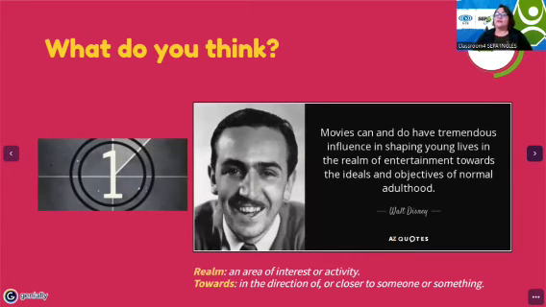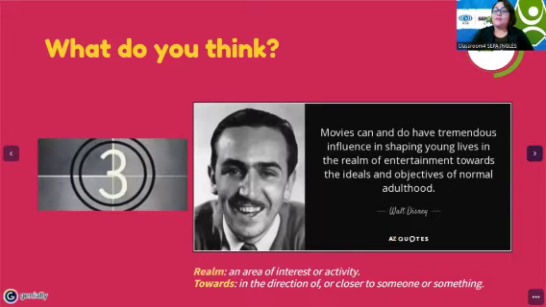Walt Disney. Oh, let's see again. Movies can and do have tremendous influence in shaping young lives in the realm of entertainment towards the ideals and objectives of normal adulthood. Walt Disney. Realm, an area of interest or activity. Towards, in the direction of or closer to someone or something.